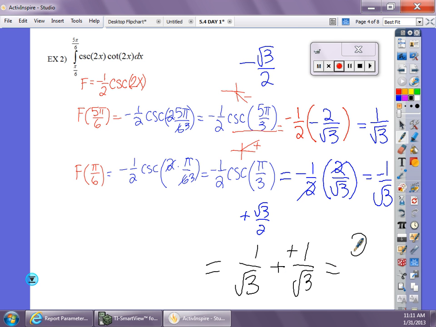And we get 2 over root 3. So you do have to be able to just go backwards with a derivative for now. Okay? 2 over root 3 is the exact value. That's what it's called.